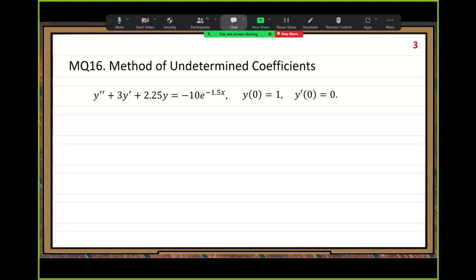For the particular solution, we need to choose the appropriate form, structure. Remember there are three rules: basic rule, modification rule, and sum rule. The hard part is the modification rule, relatively hard. The other two, basic rule and sum rule, are straightforward.